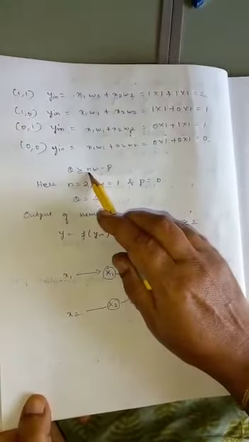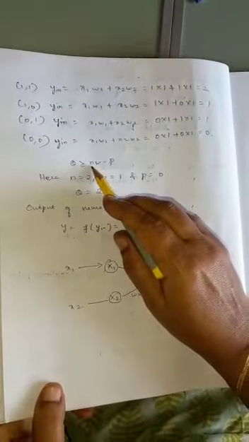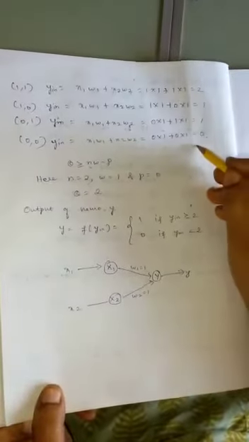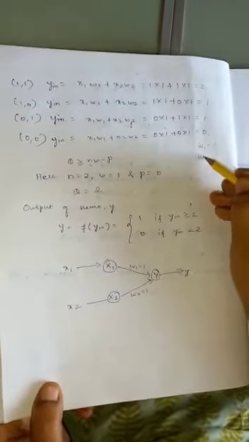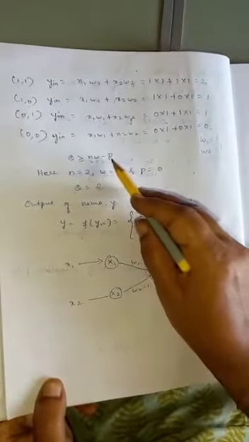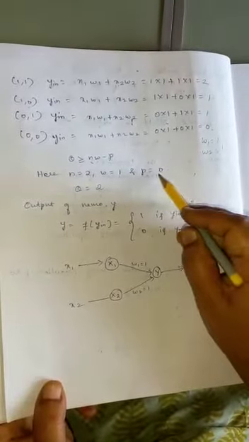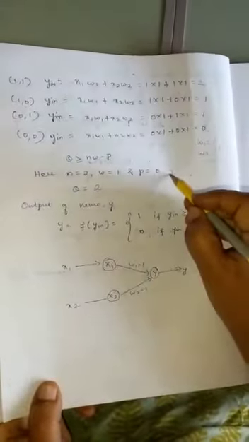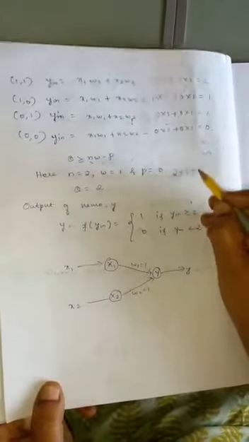The number of input nodes is 2, so n is 2, and w is the excitatory weight. We have w1 as 1 and w2 as 1, so both are excitatory weights, so w is 1, and we don't have any inhibitory weights, so p is 0. That's why we get 2 into 1 minus 0, so you get theta as 2.